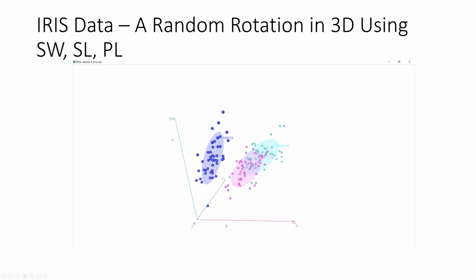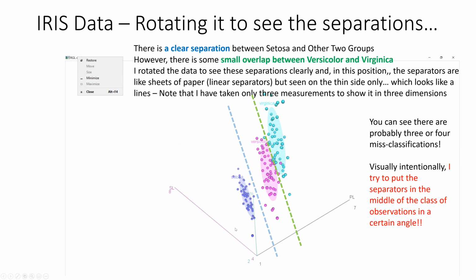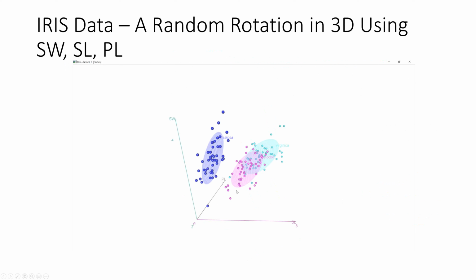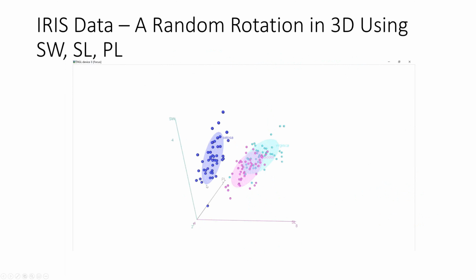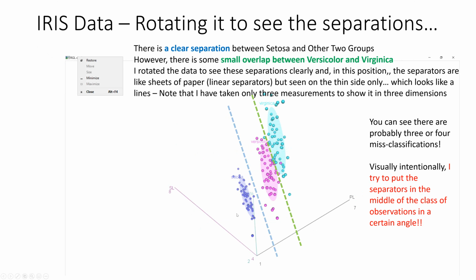I take 3 at a time to show it to you, because 4 variables are harder to show any other way. And if I rotate the same picture after I plot it to a particular angle, look at this one, SL came here. Now it is here, SW. Instead of sepal width, I brought sepal length here.